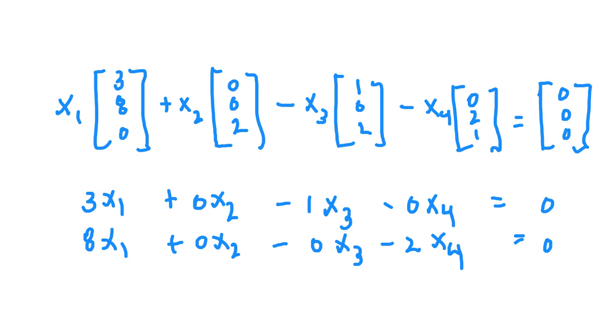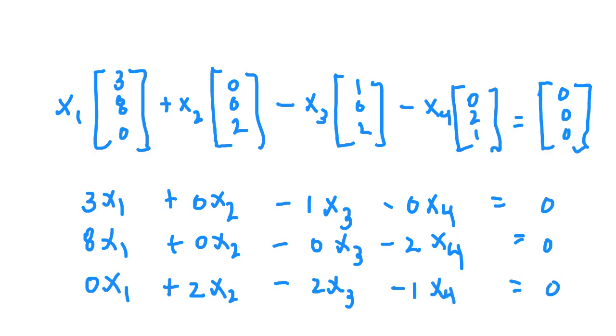Okay, and then we'd have, for the third equation, 0x1 plus 2x2 minus 2x3 minus 1x4 equals 0.